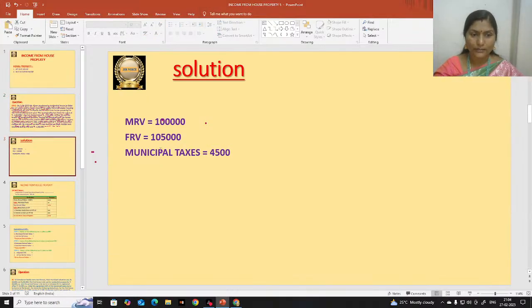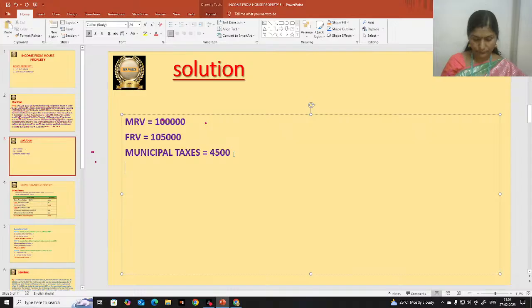Let us record that. Interest on loan, 10%, on how much? On 18 lakh rupees, because that is the loan amount here. So how will you calculate 10% on 18 lakhs? 18 lakhs into 10 by 100.